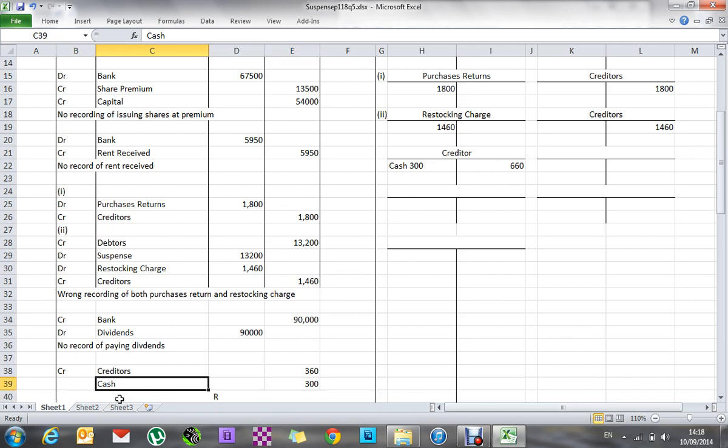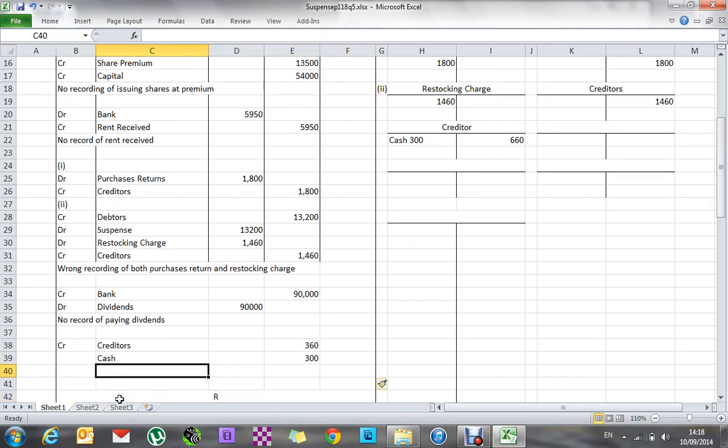Next, let's see. Actually, if I do it here, let's just see. Yeah, so I need to cancel the fact that there was a discount given. So the cash has gone down, and creditors, we owe that amount more.